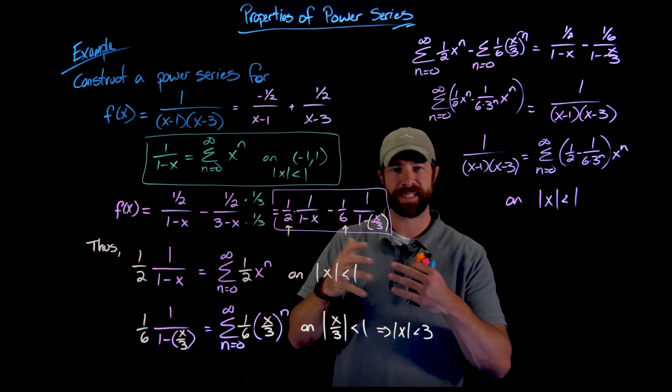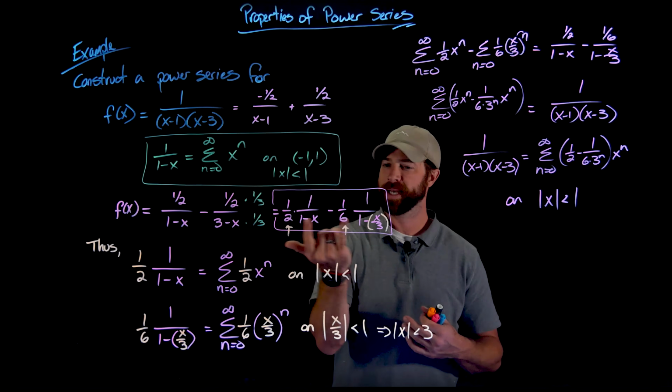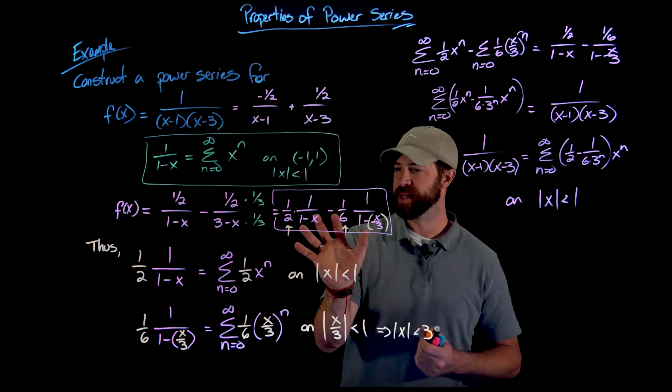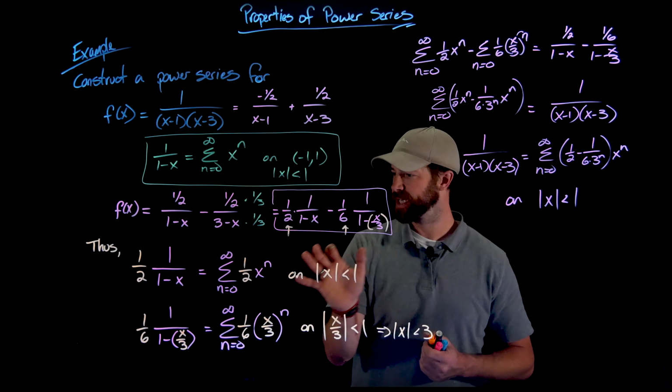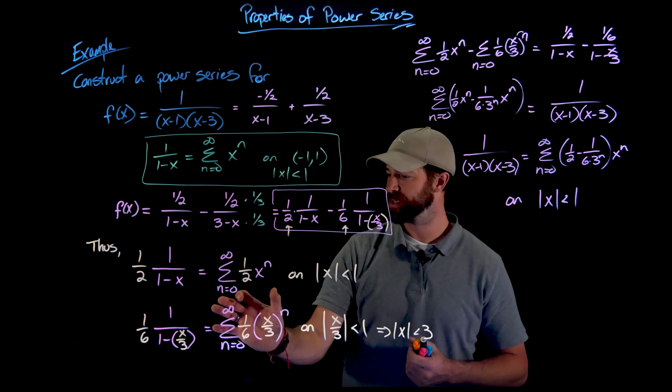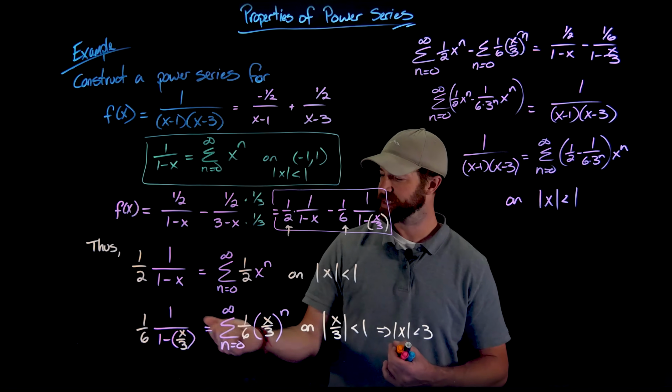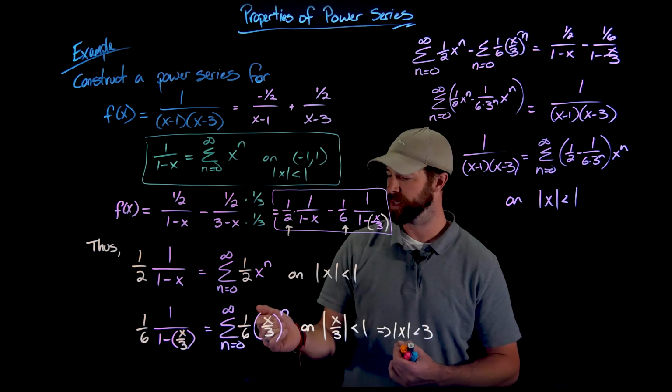This is kind of the pre-work of writing each of these in that form. Once I've done that, each of these terms can be represented by these power series following those properties: multiplying by 1/2, multiplying by 6, composing with x over 3.